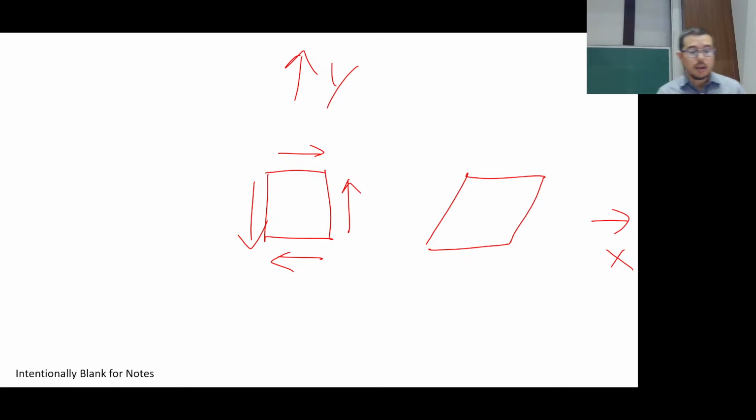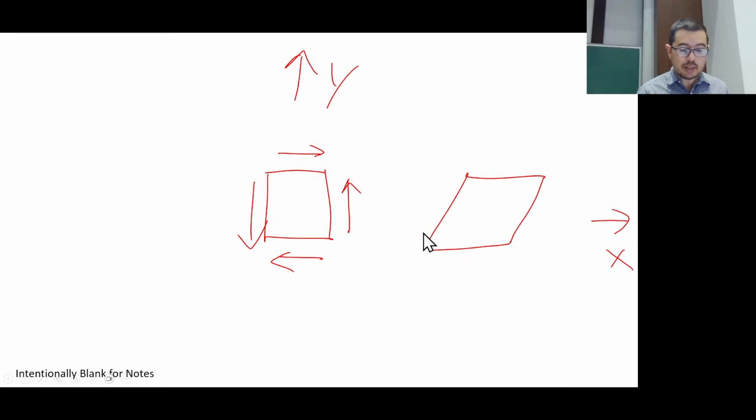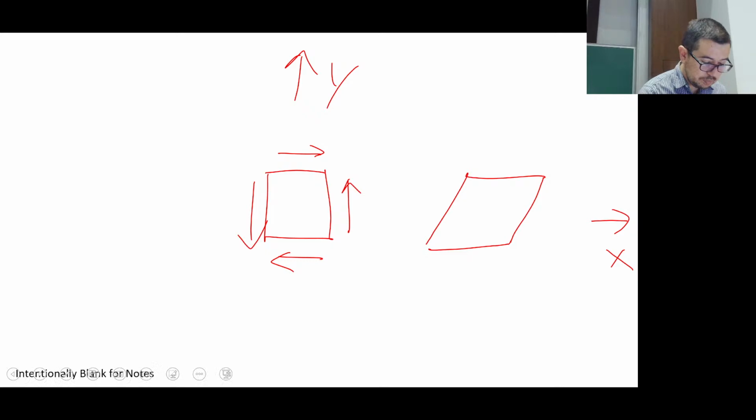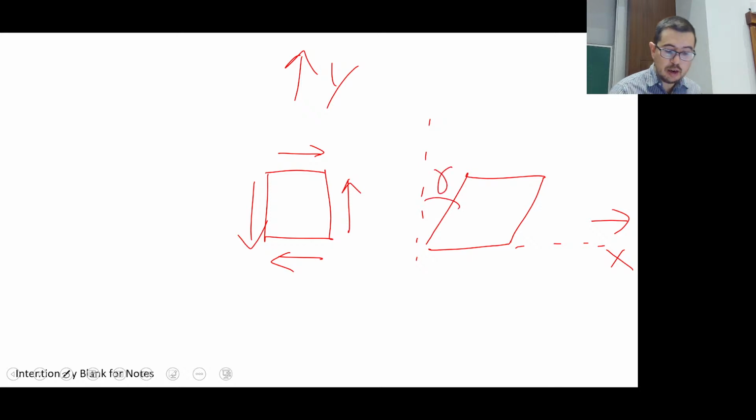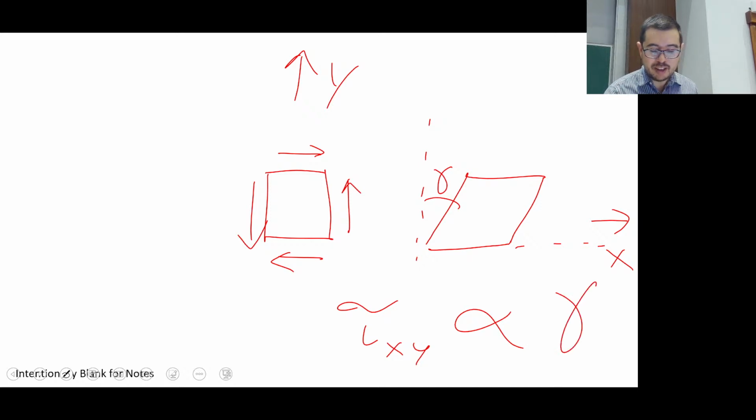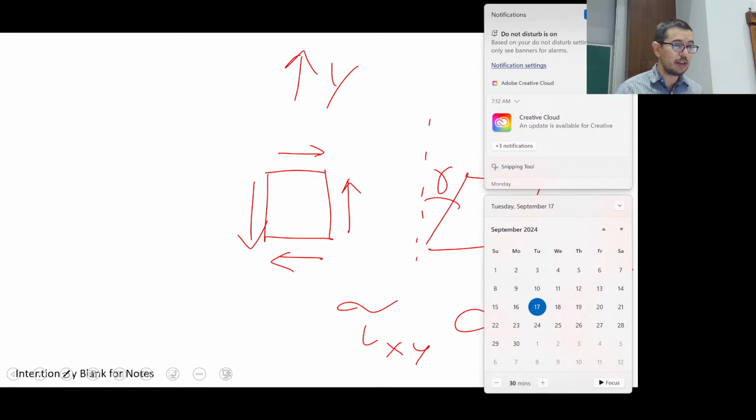What we've described here with this deformation is this gamma. Tau xy is somehow proportional, that's not gamma, that's alpha, to gamma xy, like that.